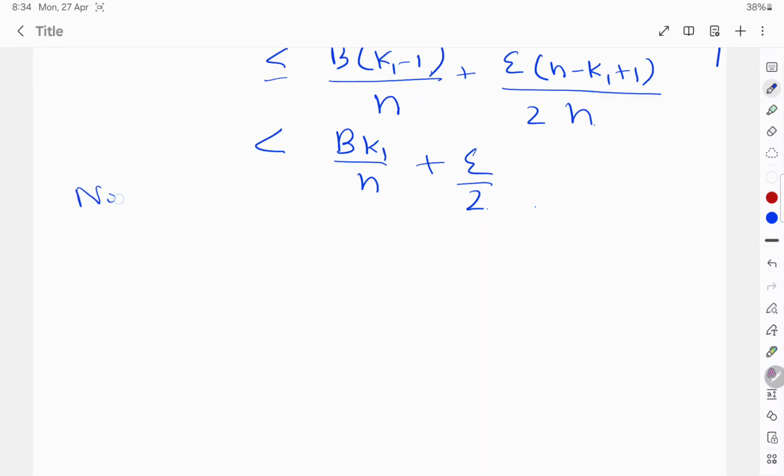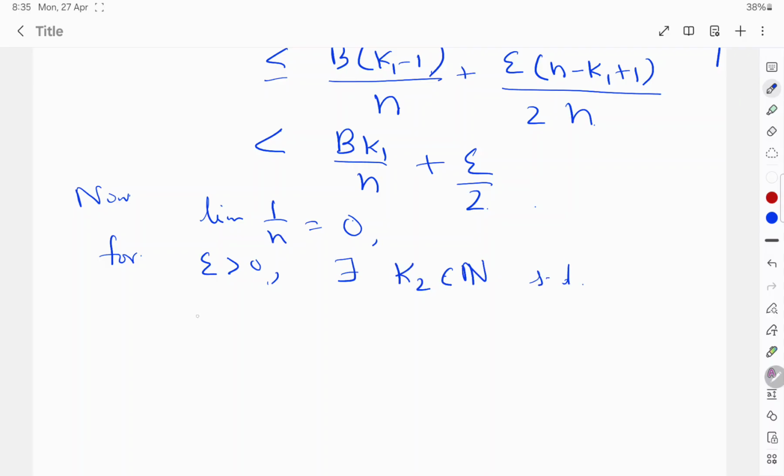Now you know limit 1 by n is also 0, right? So for any epsilon greater than 0, there exists a number k2 belongs to natural numbers such that you can consider that 1 by n will be less than epsilon by 2 into 1 by b_{k1} for all n greater equal to k2.